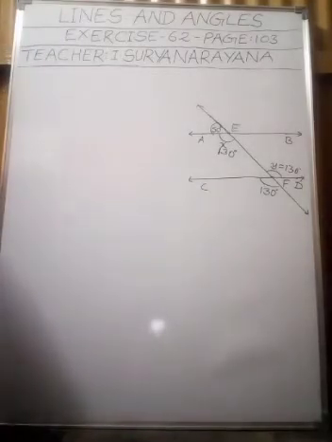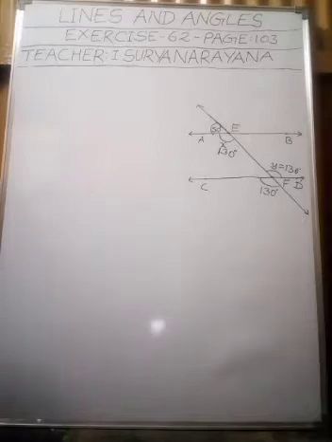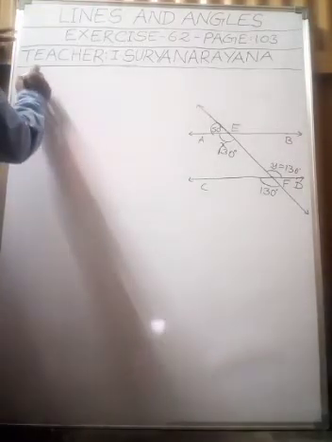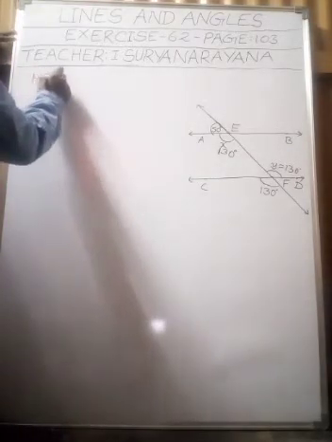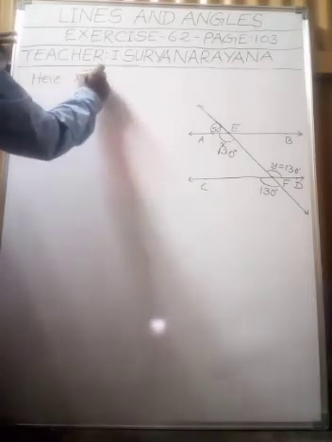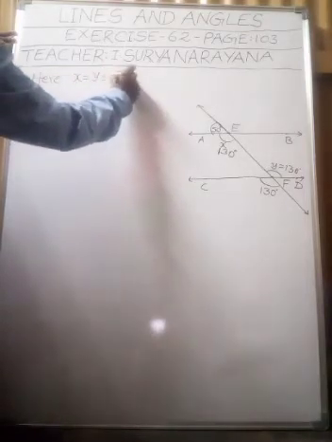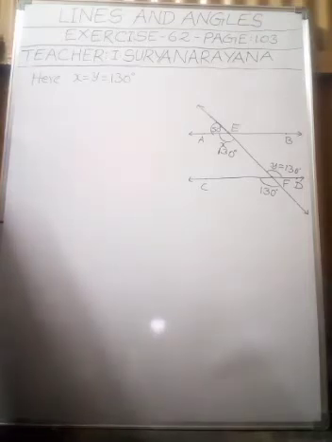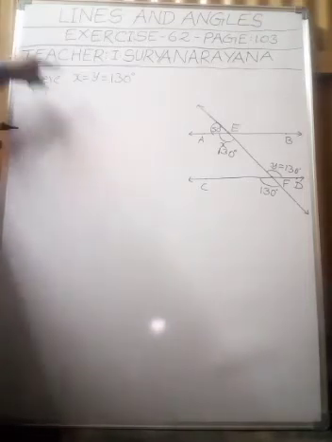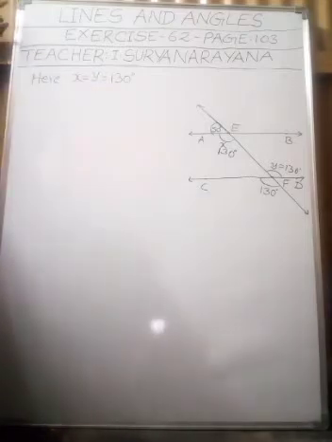We have discussed that if alternate interior angles are equal, then the two lines are said to be parallel lines. Here x is equal to y is equal to 130 degrees. These two angles are alternate interior angles.